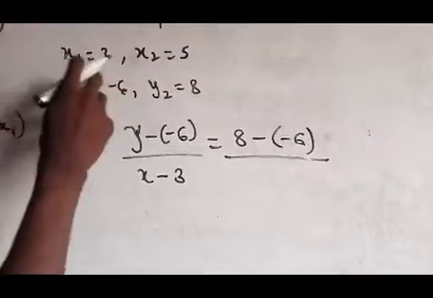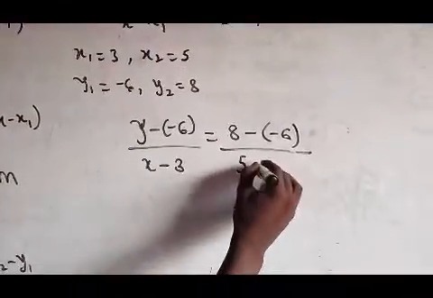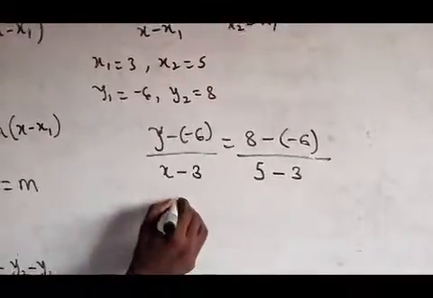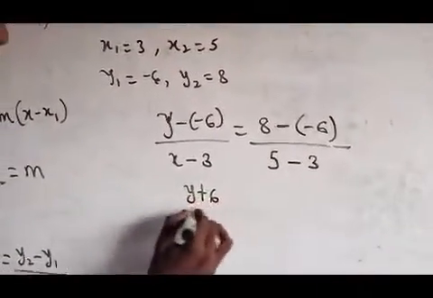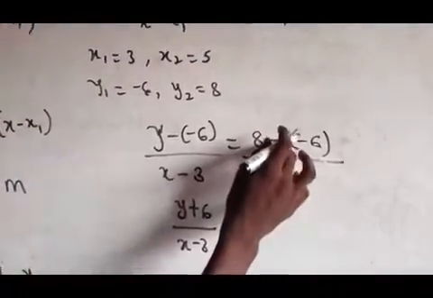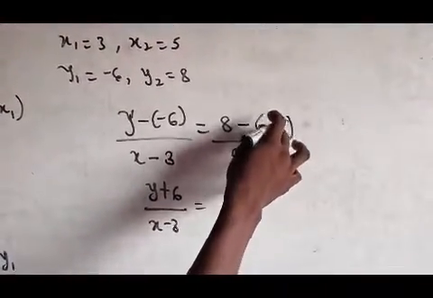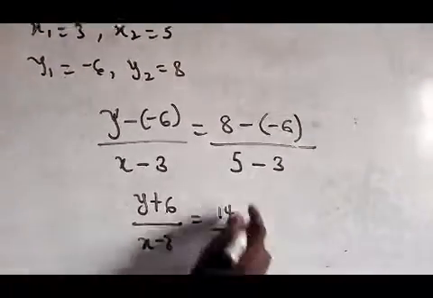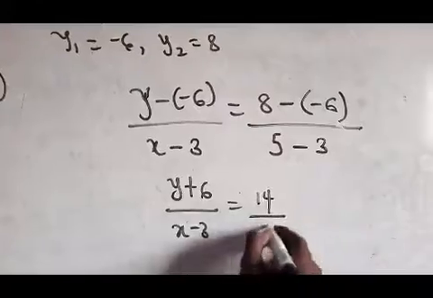Then x2 is 5 minus 3. Alright, so minus and minus will give us plus, so that will be y plus 6 over x minus 3 equals 8. Minus times minus is plus. 8 plus 6 is 14 over 5 minus 3 is 2.